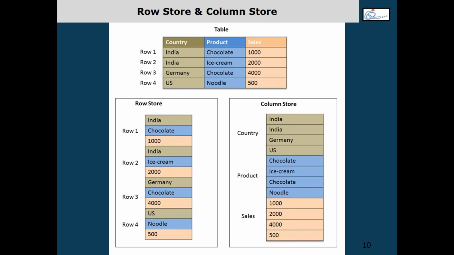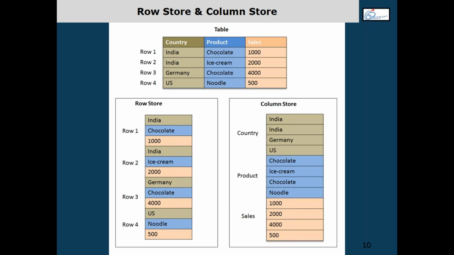Now look at this. If I create that as row store, each row is stored in one continuous memory location. If it is main memory, it will be organized page by page, right? Memory is organized by pages, depending on the page size. So I've got one row: India, chocolates, 1000. The entire row will be stored at one memory location.